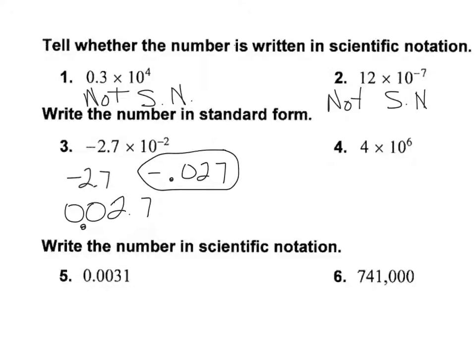Looking at number 4, I start with 4, and the decimal point would be right here. Which way am I going to move this? Well, it tells me that I need to hop 6 places, and in this case, because it's a positive exponent, it's going to be a big number. I'm going to hop to the right. So I'm going to add some zeros.